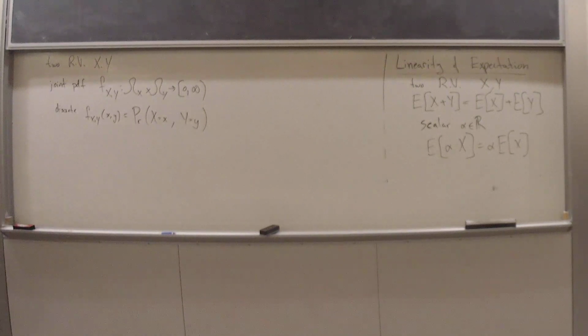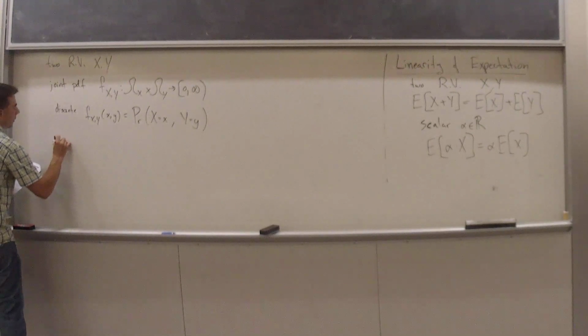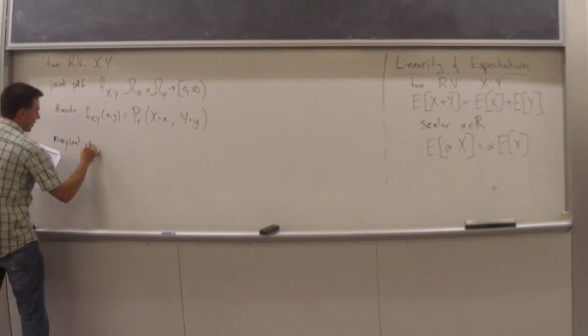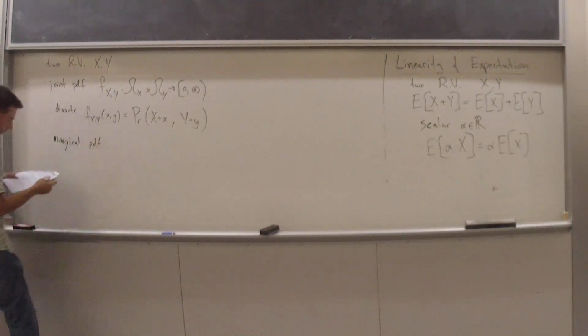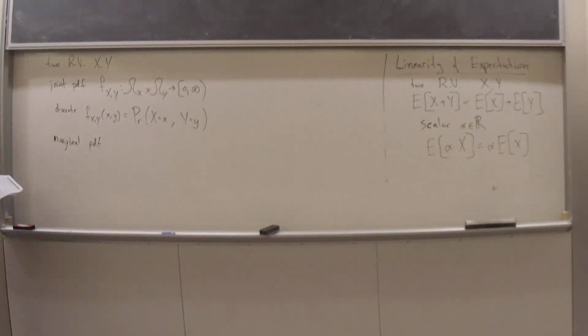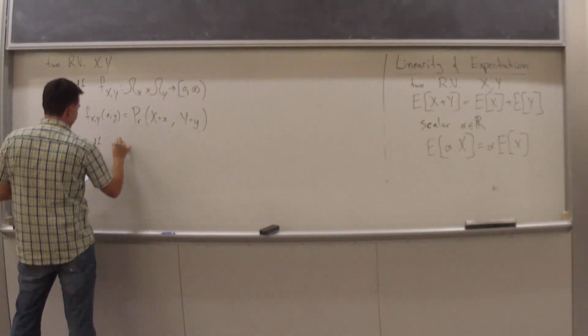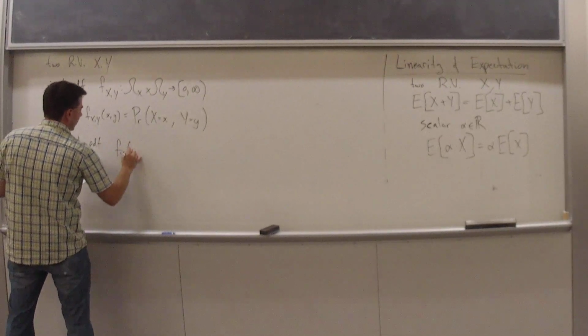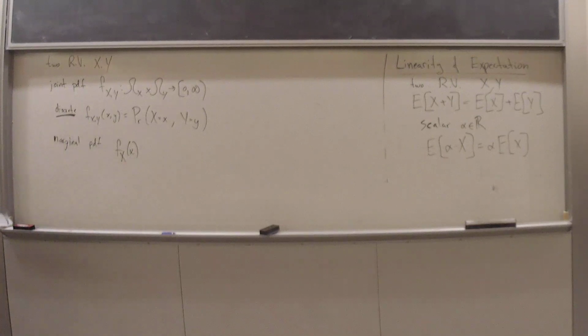And then the marginal PDF is going to be a useful tool here. In the discrete case still, I can get this marginal PDF, right? So I'm going to marginalize out y.